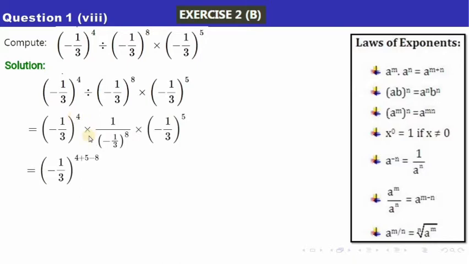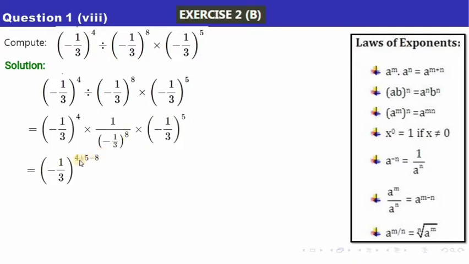So that's why 4 and 5 are added, and since this is in the denominator, when it goes to the numerator, the power becomes minus 8 using this, isn't it? So this minus 8 also gets attached to the power. Okay, so you get 4 plus 5 and this goes up, becomes minus 8.